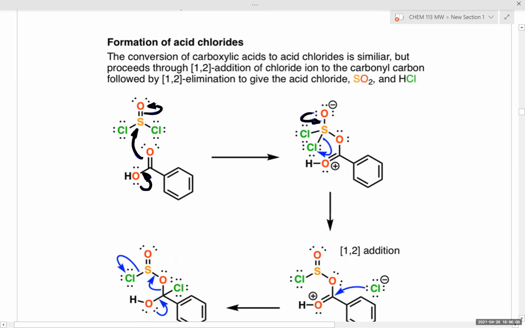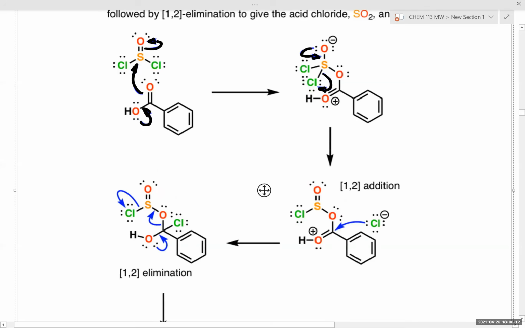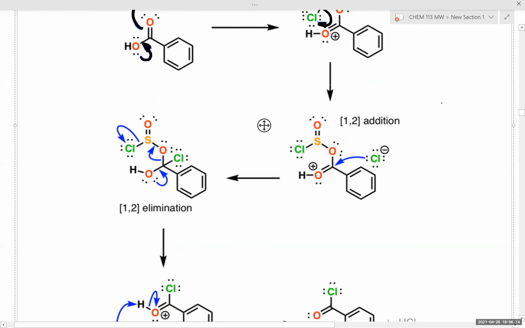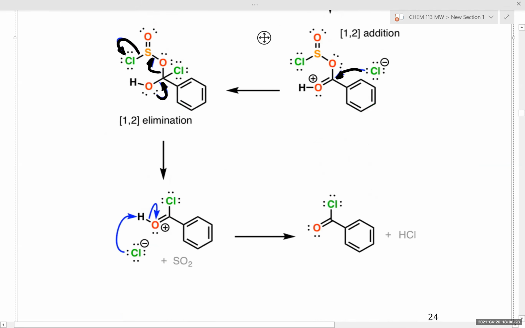The tetrahedral intermediate will collapse, and we now have this highly activated alcohol. Your carbonyl carbon will be attacked by the weakly nucleophilic chloride ion. And from here, we're going to kick out our activated leaving group, generating our desired acyl chloride.